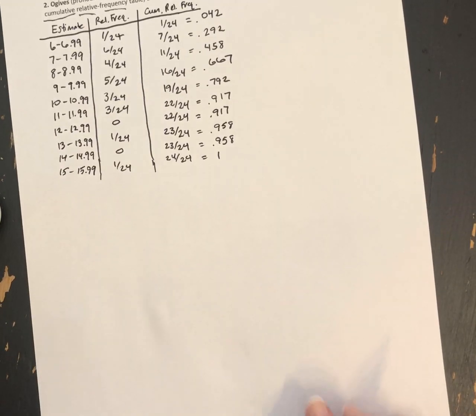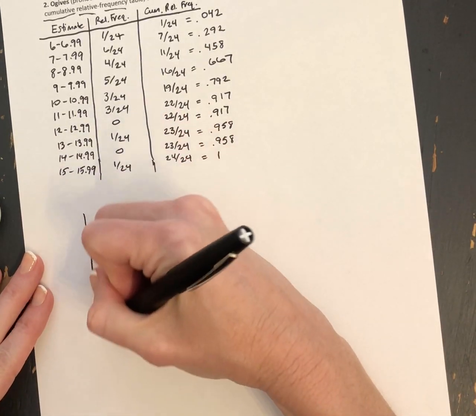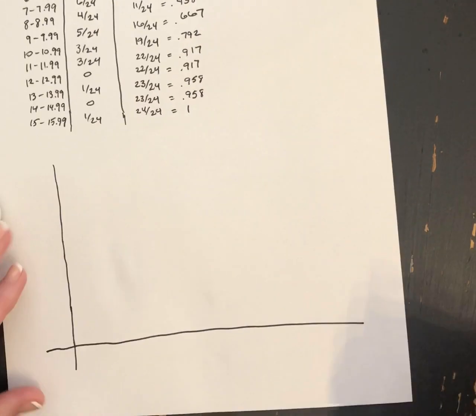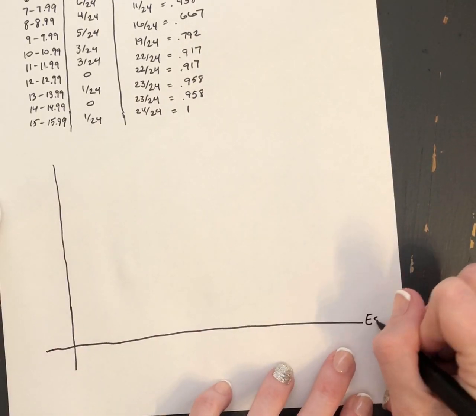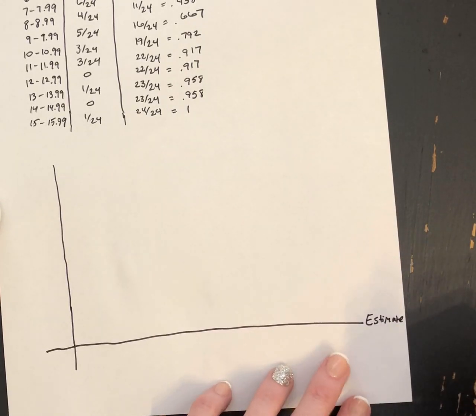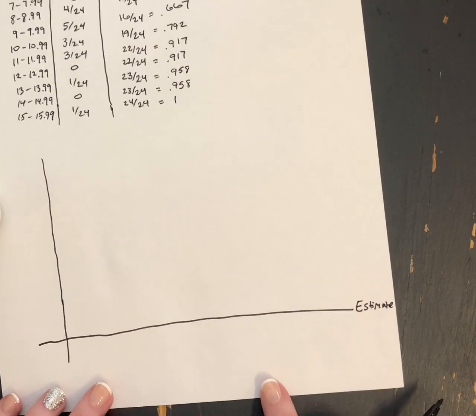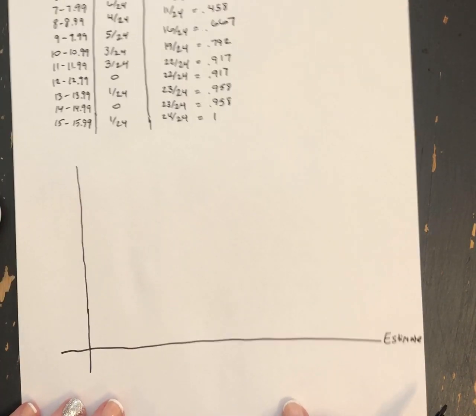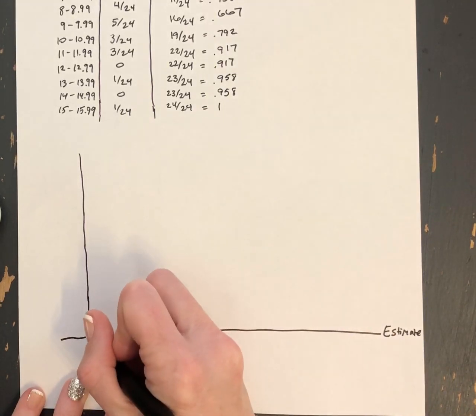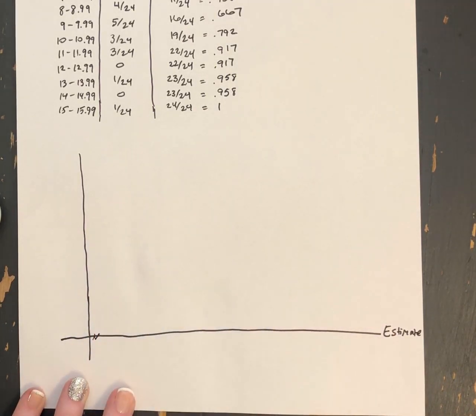Okay, and so the way that we graph those in an Ogive is we still have our horizontal axis representing our variable of interest, which in this case is our estimate. And again, we're going to put that break in the axis.